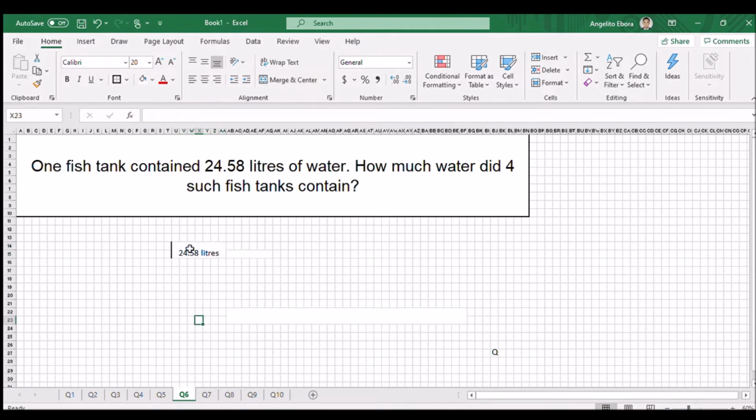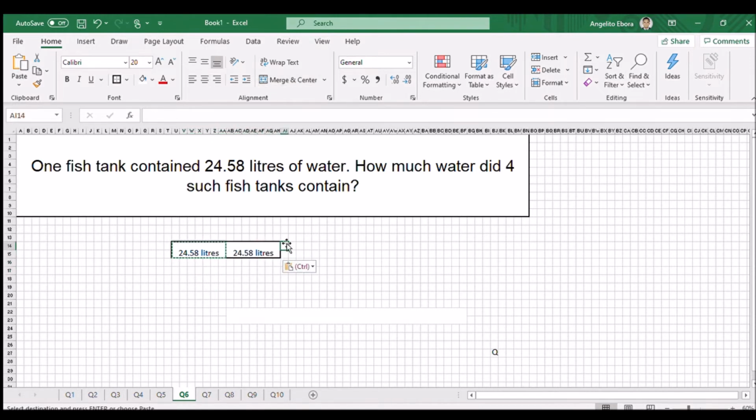So this one is one tank, 24.58. Now, we're looking for how much water did 4 such fish tanks contain. So this is the tank. We just copy this, the second, the third, and the fourth tank. So all together, what's the difference if I put the bars here and here? They're the same.